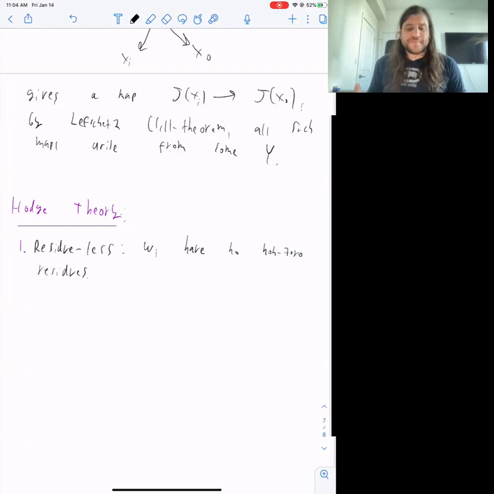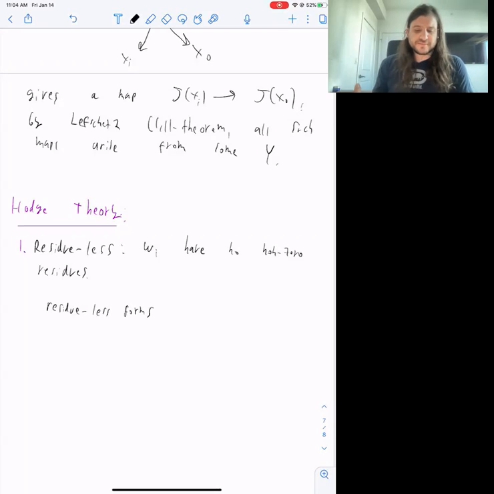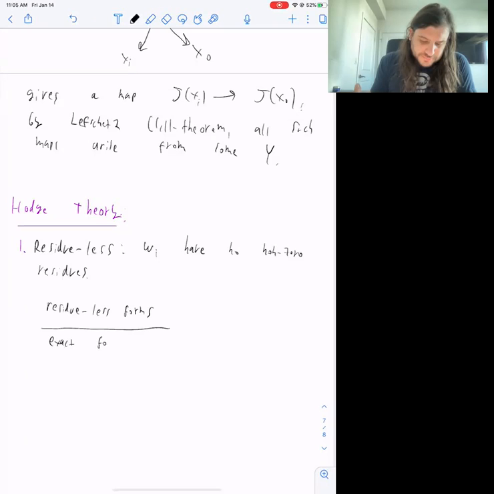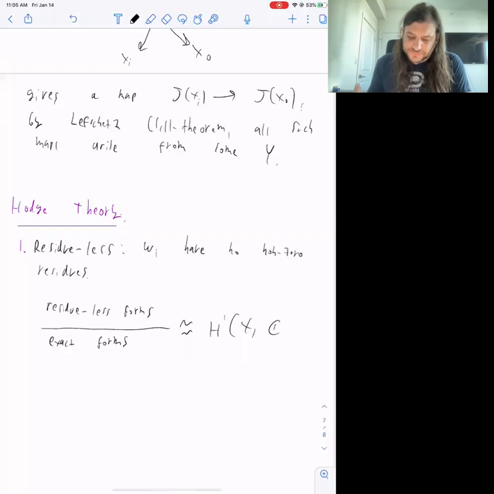So the theorem that ends up being important here is that if you look at the collection of all residueless forms on X, that's some abelian group, and you quotient that out by exact forms, the form d of some regular function, or rational function, it becomes naturally isomorphic to the cohomology of your curve X, a finite dimensional space.